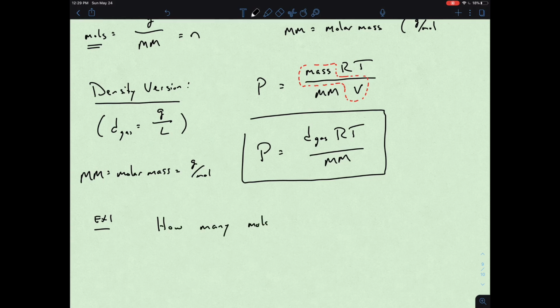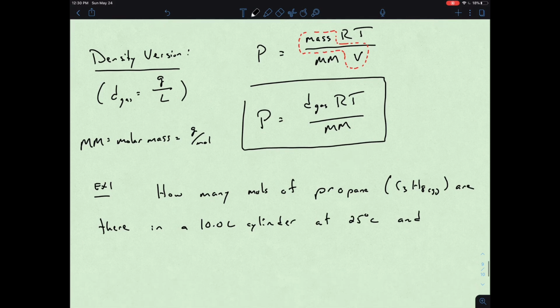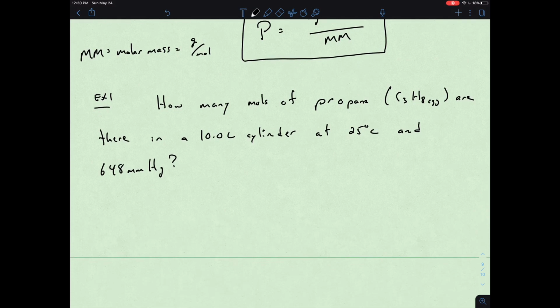with how many moles of propane. So our question here is how many moles of propane are there in a 10 liter cylinder at 25 degrees Celsius and 648 millimeters of mercury.